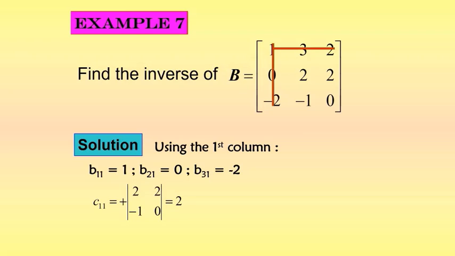Here are our entries from the first column, B11, B21 and B31. So as before, find the corresponding cofactor entries. C11, C31.